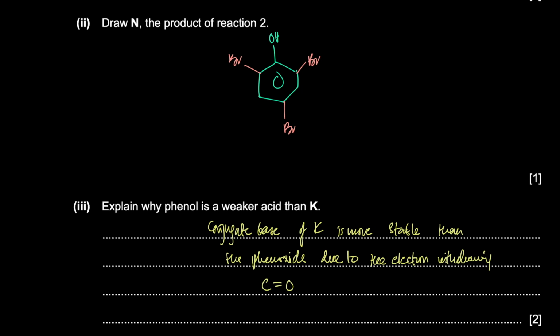Carboxylic acids have the C double bond O that makes them stronger acids than phenols.